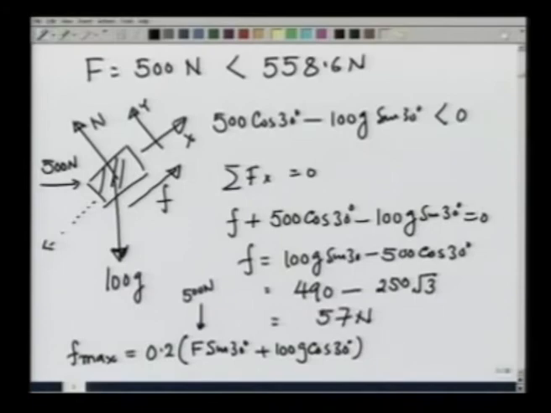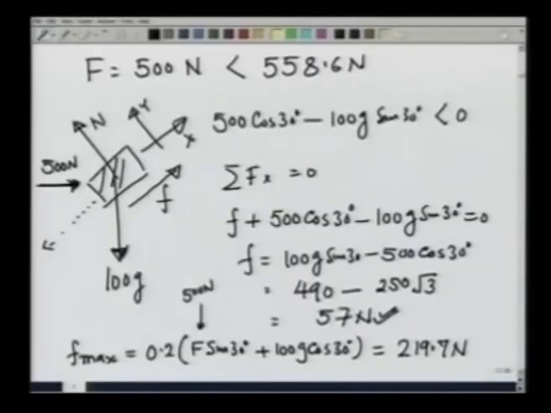You calculate this number and it comes out to be 219.7 newtons. So, again I see that the maximum possible friction that can be generated when I apply a force of 500 newtons in this direction is 219 newtons, and it is much greater than the 57 newton force that I require to keep the block in equilibrium, and therefore the block will remain in equilibrium.